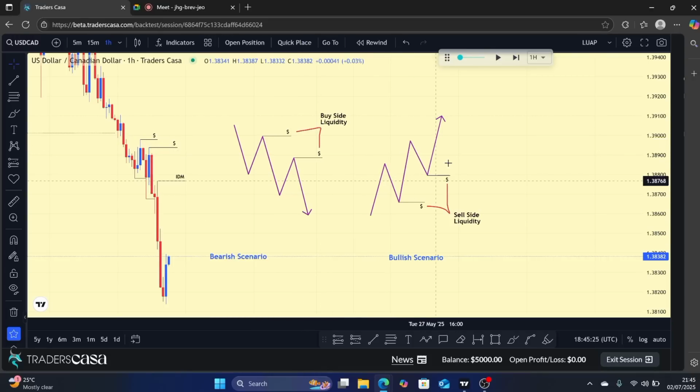In a bullish scenario, we'll be using the lowest point, and the liquidity resting below the lowest point is sell side liquidity. So in every high of a valid pullback there is some liquidity resting above, and on every low there is some liquidity resting below, and that liquidity is called sell side liquidity. Obviously the lows are for the bullish scenario, and the highs are for the bearish scenario.